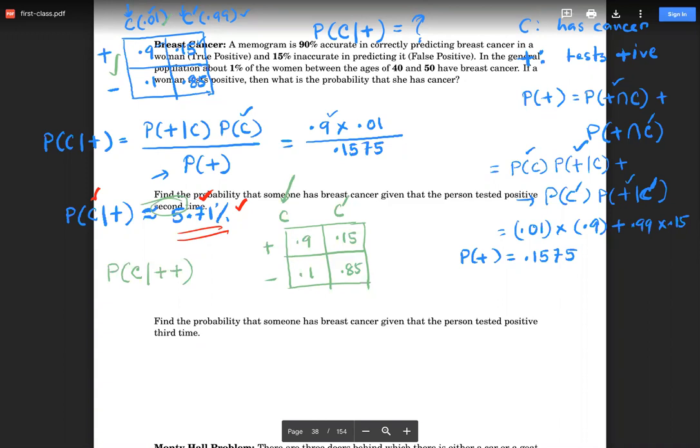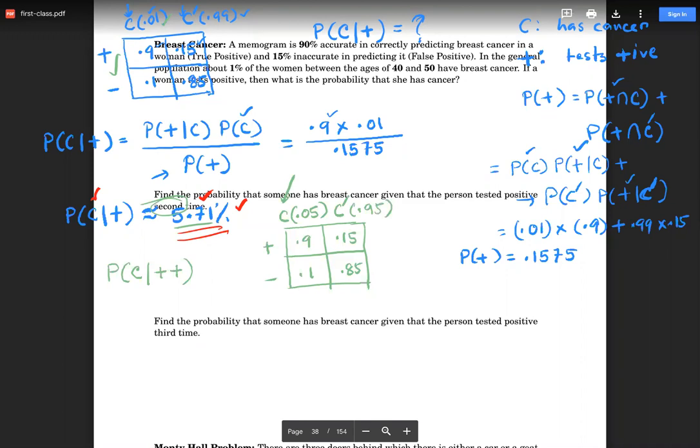So this number is going to change to 0.05. Let's say roughly, technically it should be 0.0571, but I'm kind of rounding it. So there is about 5% chance that somebody has cancer, given that the person has tested positive. Now, if you have 5% chance of having cancer, then 95% chance of not having the cancer.